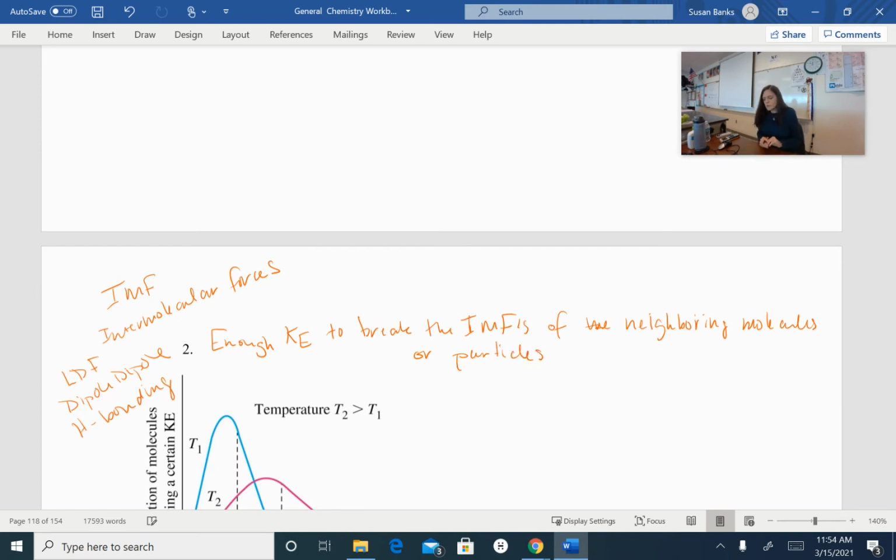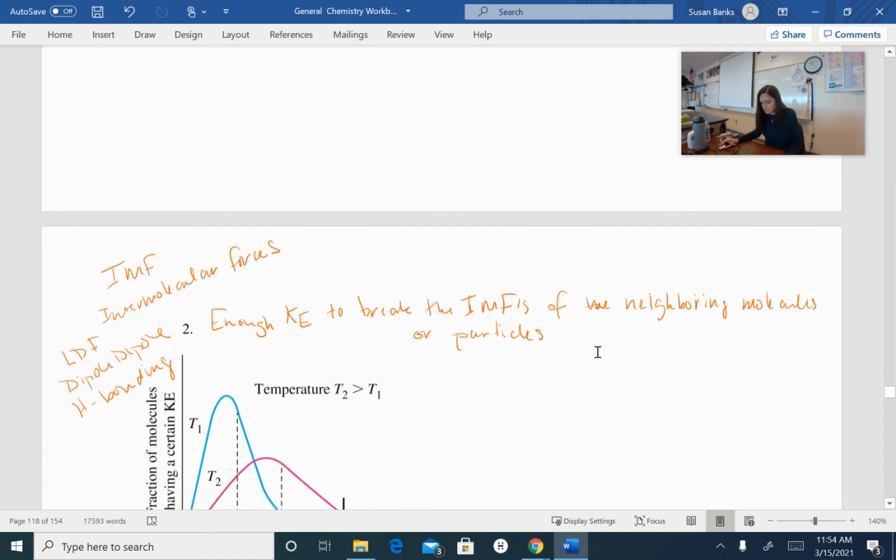So I've got to be on the surface, and I've got to have enough kinetic energy to break those neighboring molecules' IMFs, intermolecular forces.